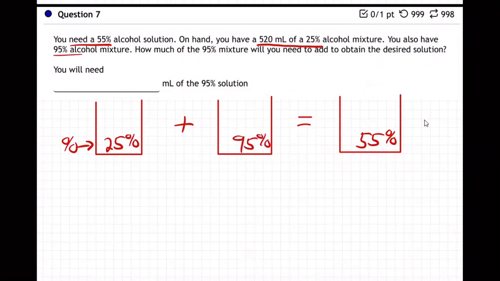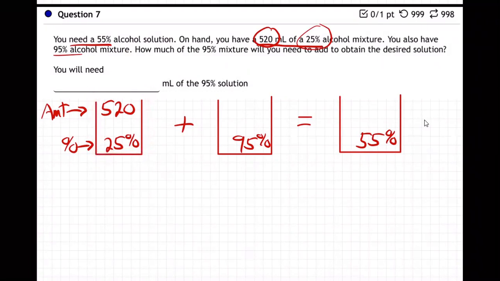So put the percentages on the bottoms, put the amounts across the tops. It says that we have 520 milliliters of the 25%, so that goes right here.